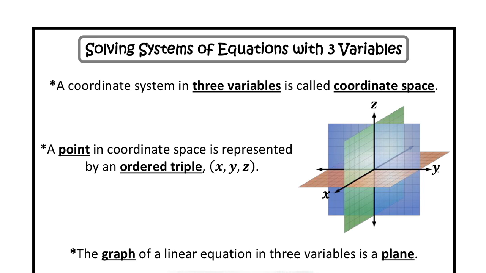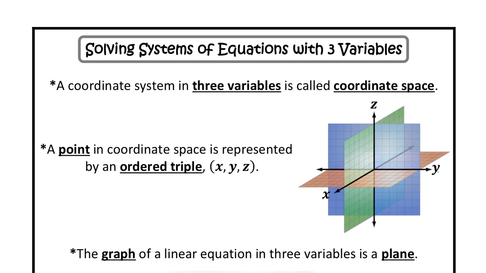But a couple of terms and terminology: we say a coordinate system in three variables is called a coordinate space. Remember in geometry, when you were talking about three-dimensional objects, you have like spheres, cones, prisms, pyramids.